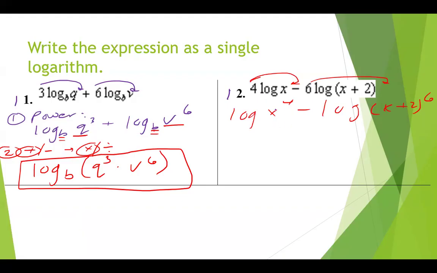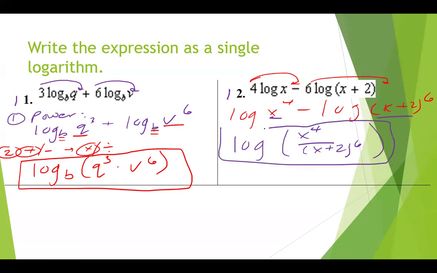As division, you're just dividing the arguments. You're going to have 1 base. I don't need to write anything because it's common log, so it's 10 automatically there. Your first term is in the numerator, and what's being subtracted is in the denominator. And that is all you had to do. Us expanding wouldn't allow for us to simplify.